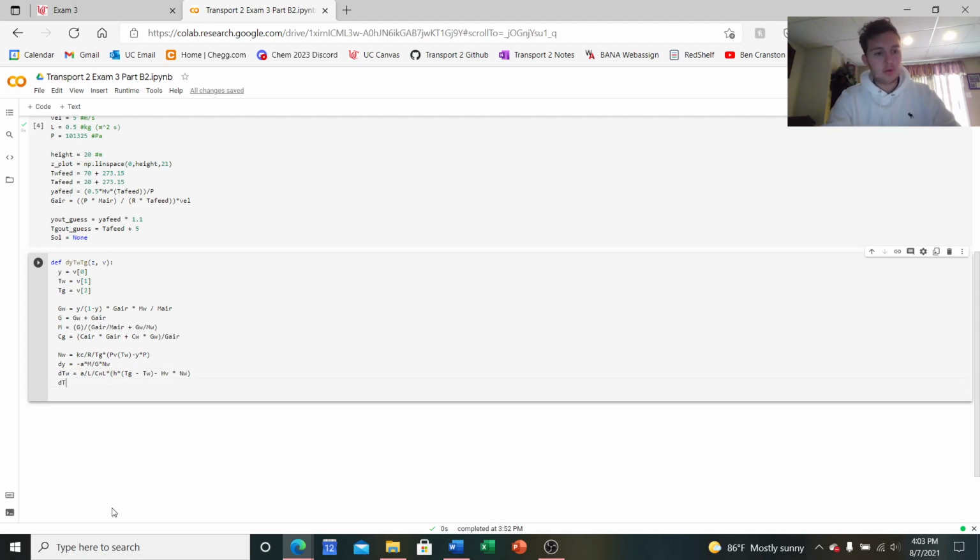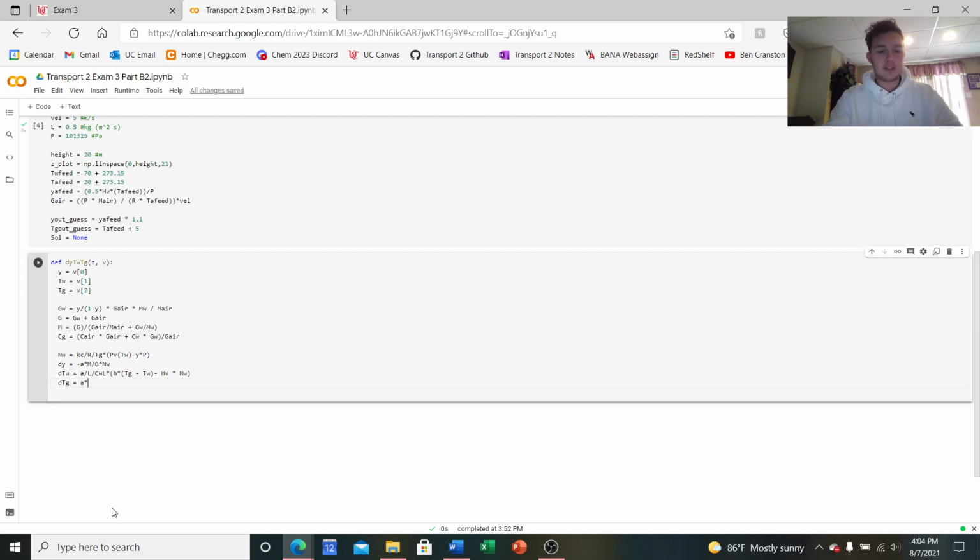Now we just have the third one to go through, which is the rate of change of the temperature of the gas as it climbs up the tower while the water goes down and trickles off. This dTG we also calculated in the last part of the exam.